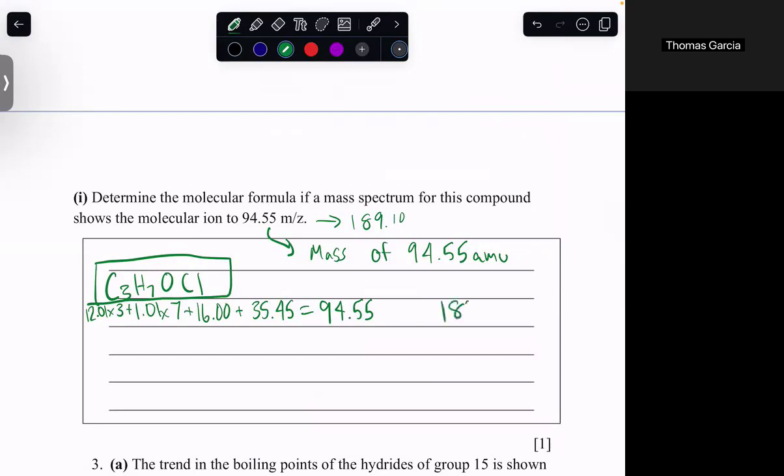So then we would take 189.10 divided by 94.55, the mass that we found, and you would get an answer of 2, which in that case, our actual formula would be C6H14O2Cl2. Because our empirical formula is a strict ratio that the molecule will follow. So all we're doing is finding that case where it actually matches up with the mass.